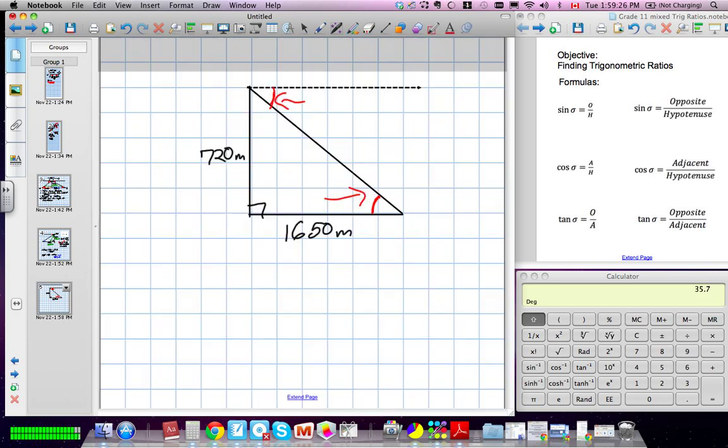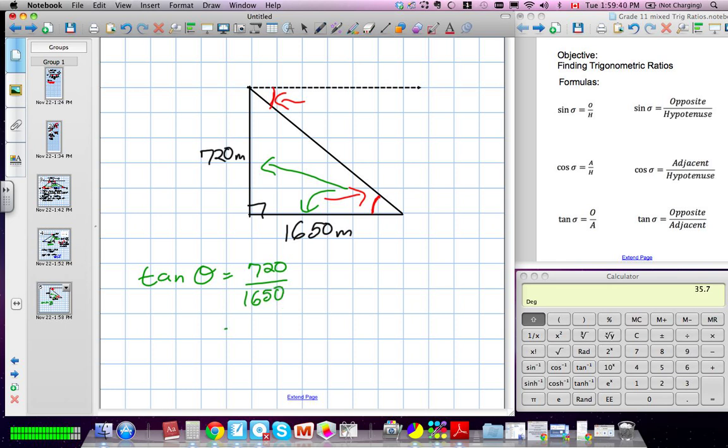So, since I'm now working with this angle here, the measurements I have are the opposite side and adjacent again. So tangent theta is equal to our opposite, which is 720, divided by 1,650.